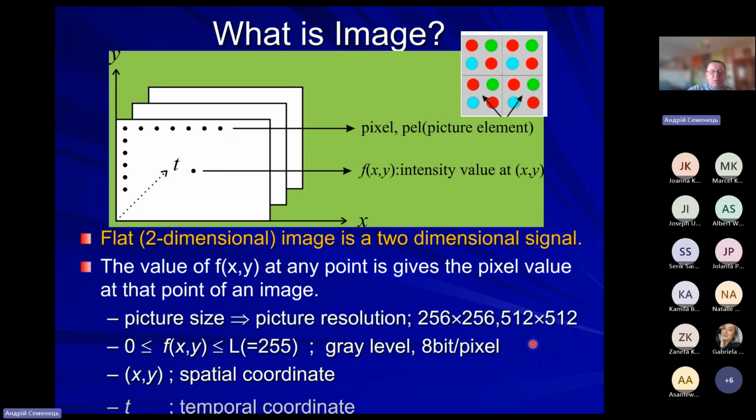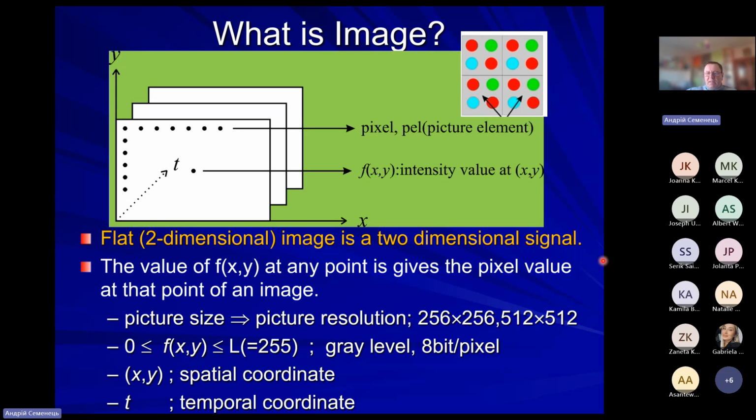Before we move further, we have to make some notes about what a digital image is. First of all, the image itself, and then the digital image. When we talk about any kind of image, mathematically, and here is an important point, we have to see images as flat two-dimensional signals.